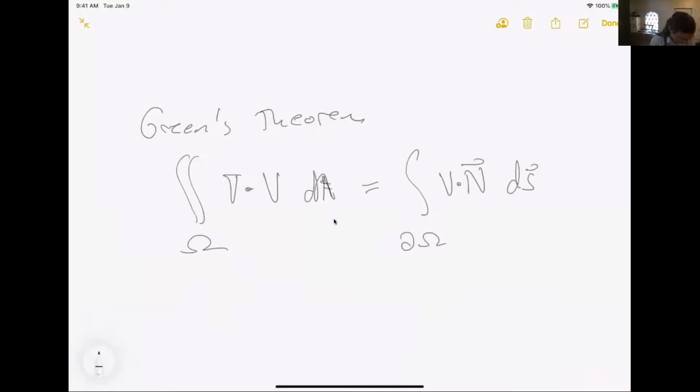And this is really a double integral, and this is an integral around a closed curve. Sometimes they decorate it like that in vector calculus books, but those extra decorations are not as necessary as understanding. This is just one instance of the generalized Stokes theorem.